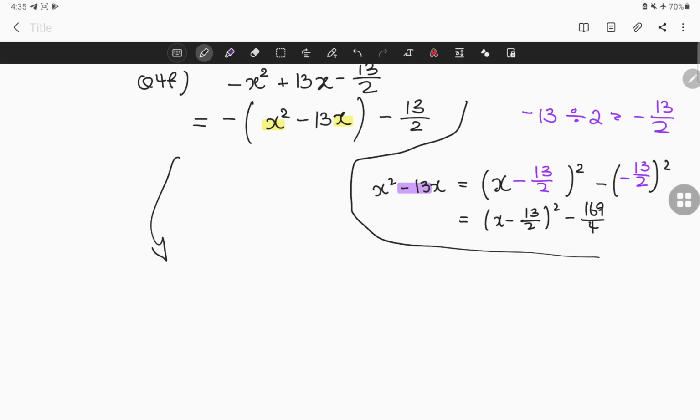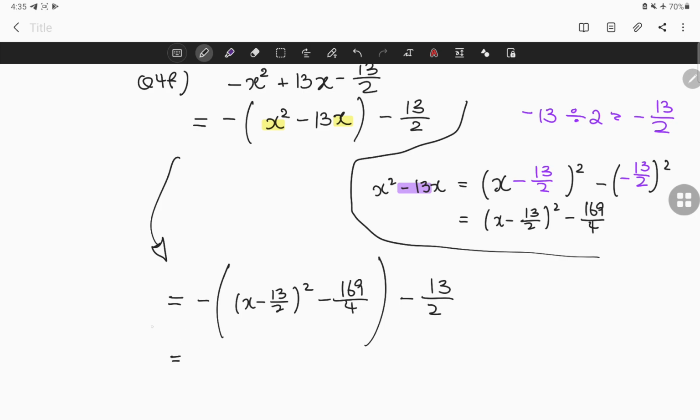So this portion would now be equal to negative, big bracket, x minus 13 over 2, close bracket and square, minus 169 over 4, and close bracket, minus 13 over 2.